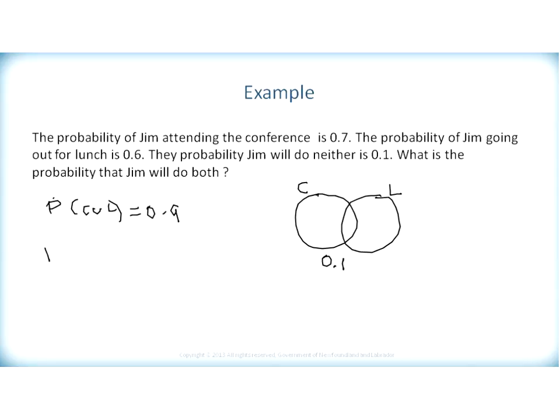Yet the probability that he's going to the conference plus the probability that he's going for lunch is equal to 1.3, giving us that there's a 0.4 chance that he will do both. That leaves only going to the conference, 0.3, and only going to lunch, 0.2.